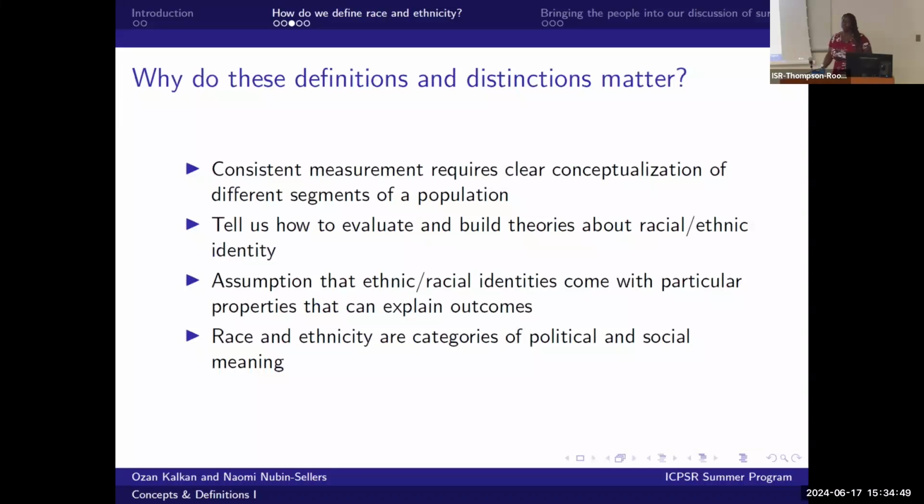Definitions and distinctions matter. They matter in many ways, but in the context of this course, they tell us how to build and evaluate theories related to race, but also think about what I mentioned earlier: what are we trying to explain by evaluating race, which I know is also discipline specific.